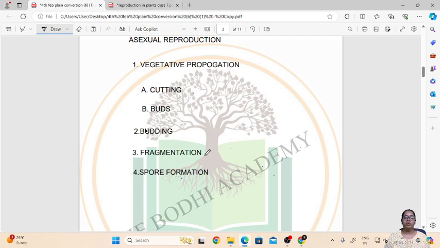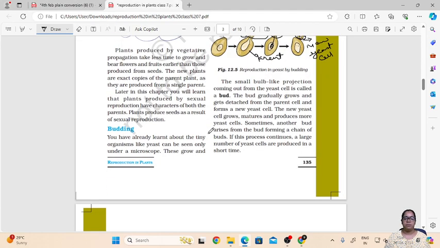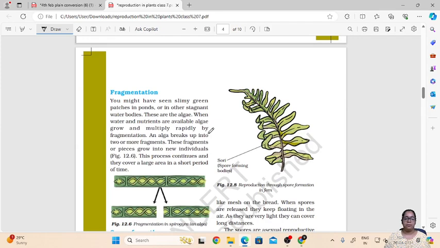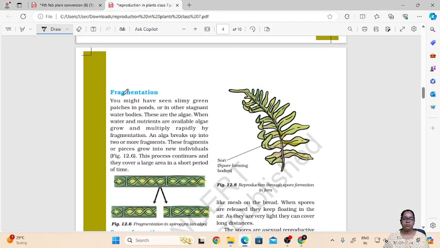Now let us move to fragmentation. So now let us see what is the meaning of fragmentation.